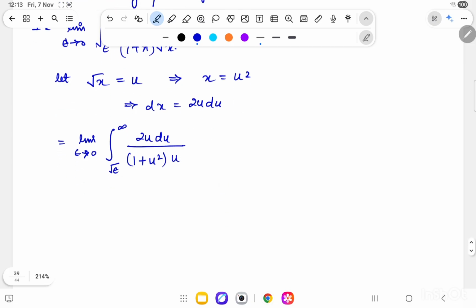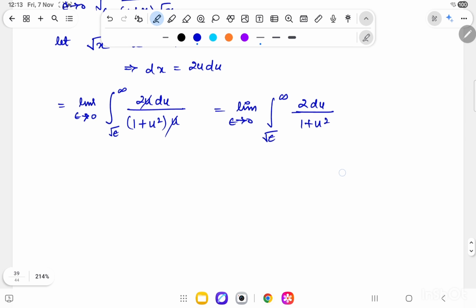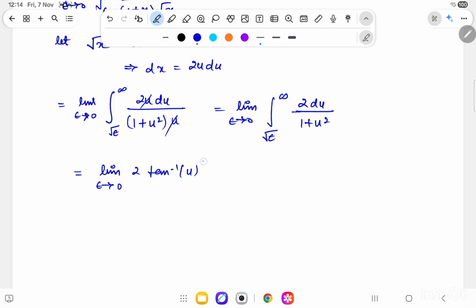Now this u balances the 1 in the numerator, so it is equal to limit epsilon approaches 0 integration from square root of epsilon to infinity 2 du divided by 1 plus u square. Now it can be easily evaluated. It will be equal to limit epsilon approaches 0 2 times tan inverse u, with u from square root of epsilon to infinity.